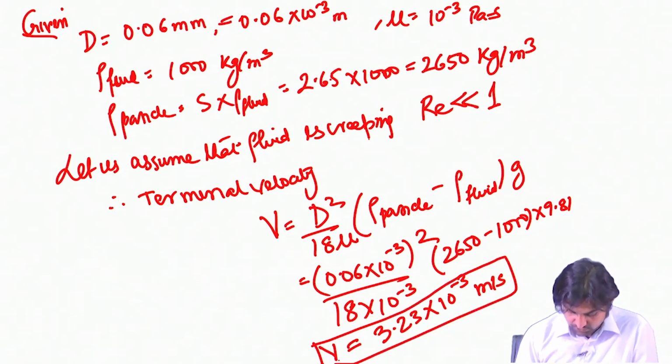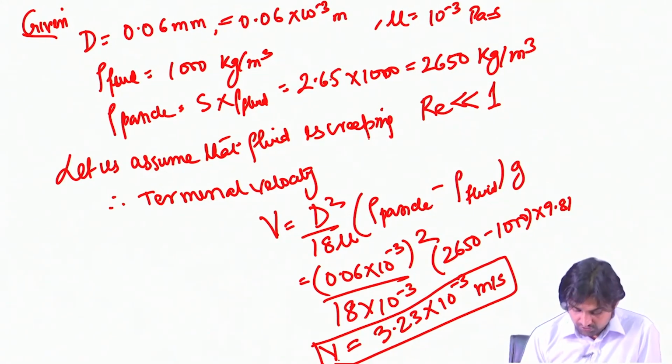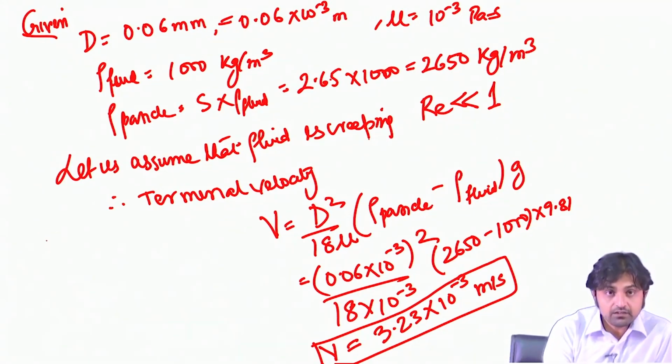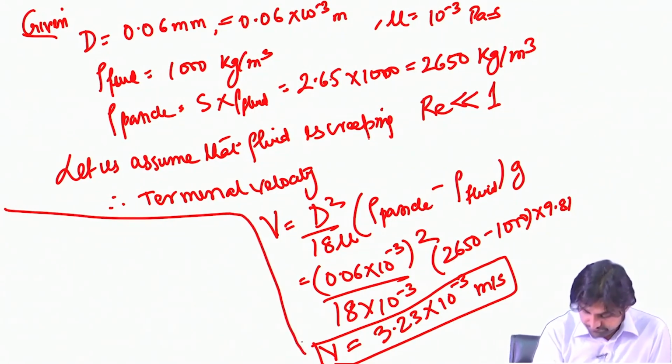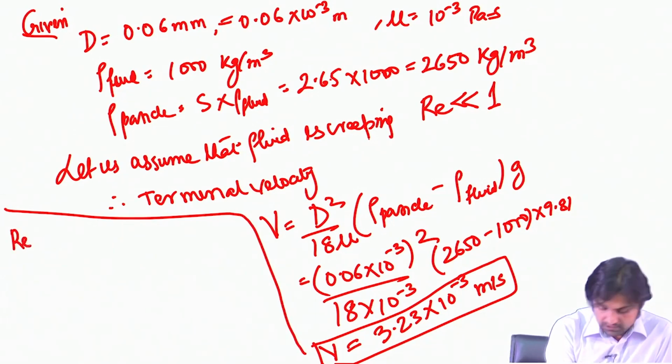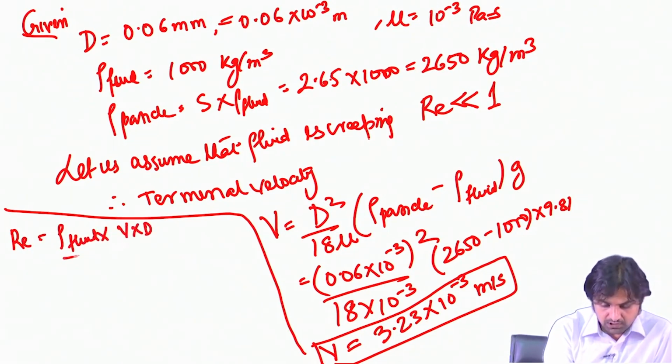So this is an important value that we have got now, V. Okay, so please note it down, but we have to check if our assumption of creeping flow is correct or not. So for doing that, in this slide itself, Re can be given as rho fluid into V into D by mu.